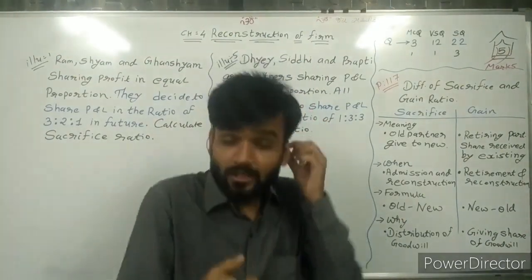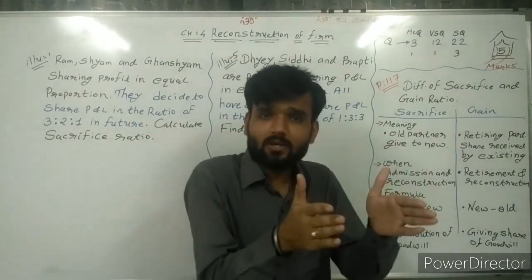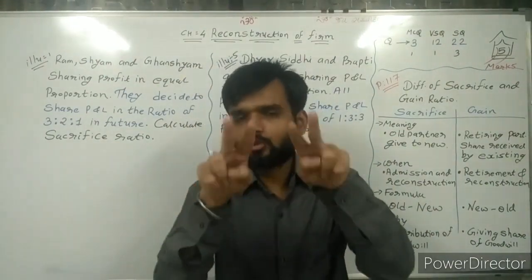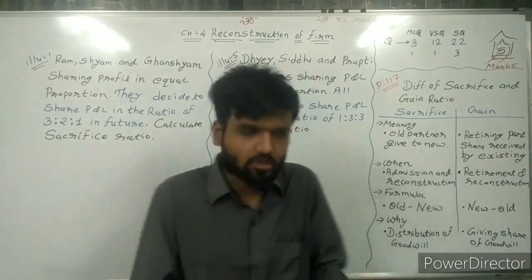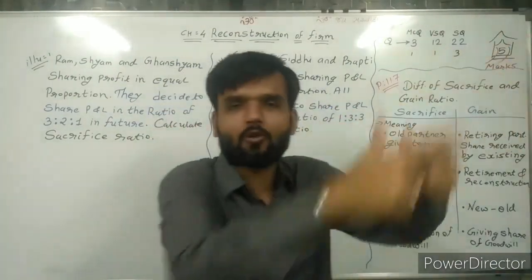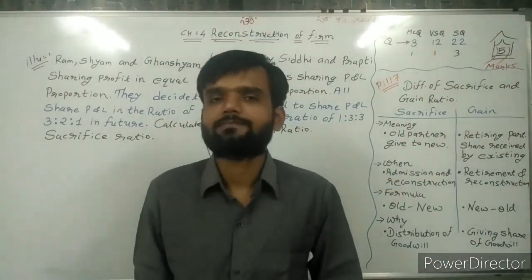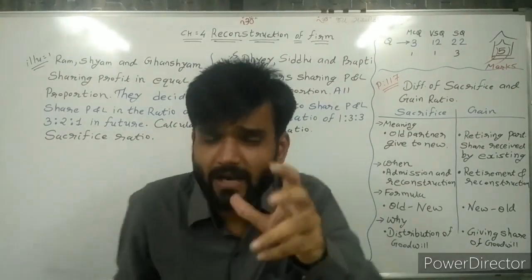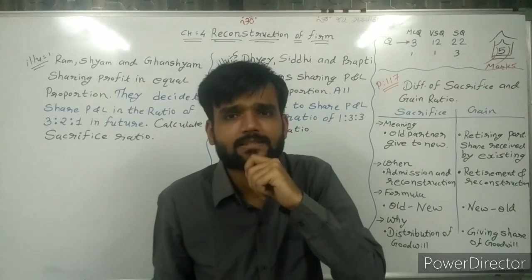Your previous salary is 20,000 and you now get 18,000. So 2,000 rupees is less, and you have sacrificed 2,000 rupees for the institution. How did I find the value of sacrifice?